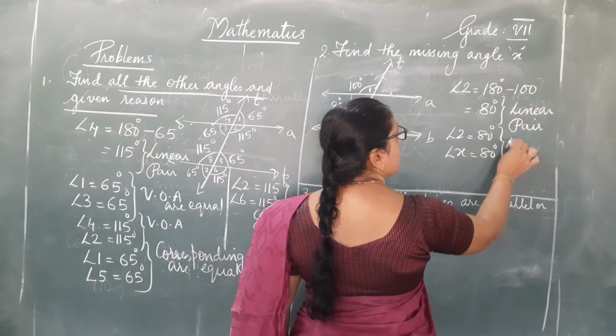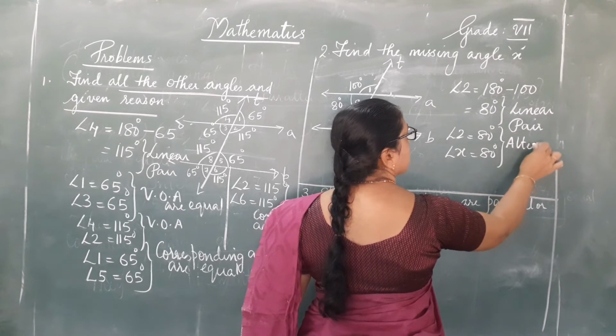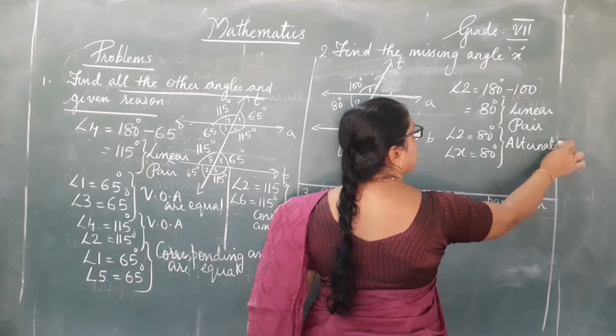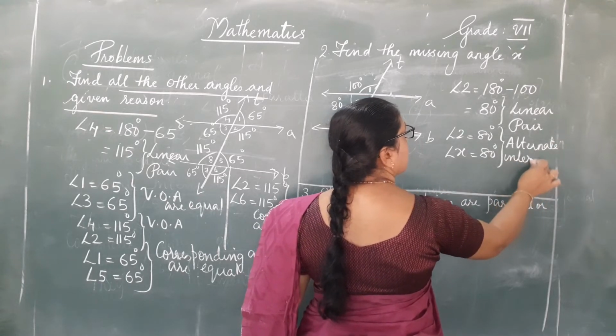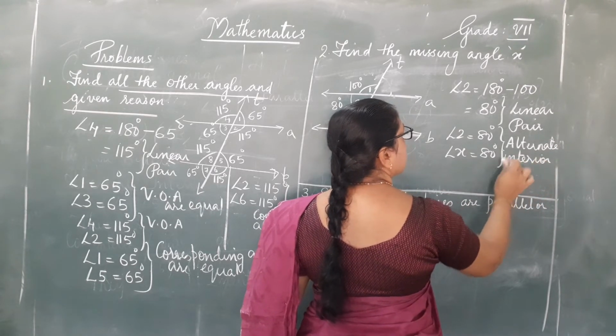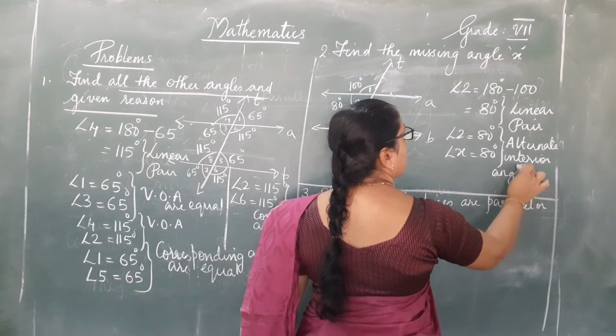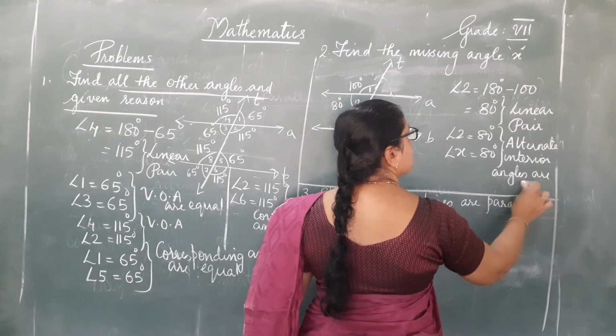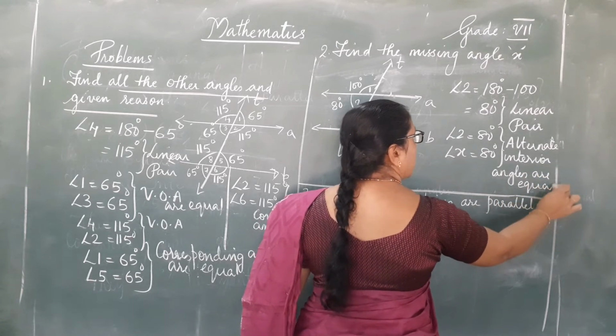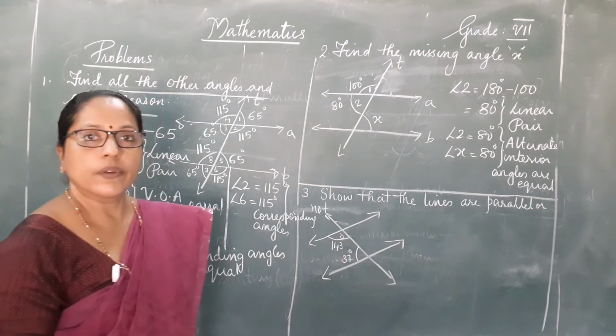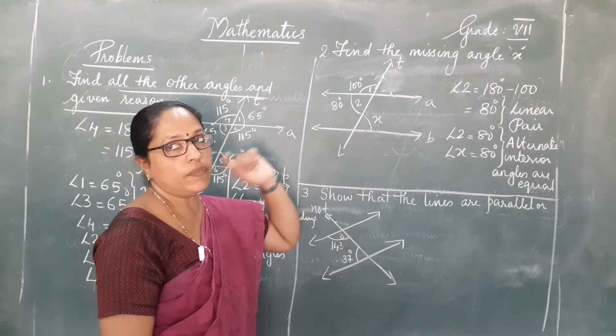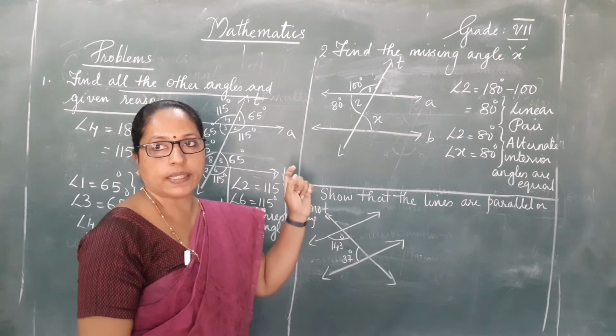The reason is alternate interior angles are equal. Okay, hence we solved the value X, the missing angle X.